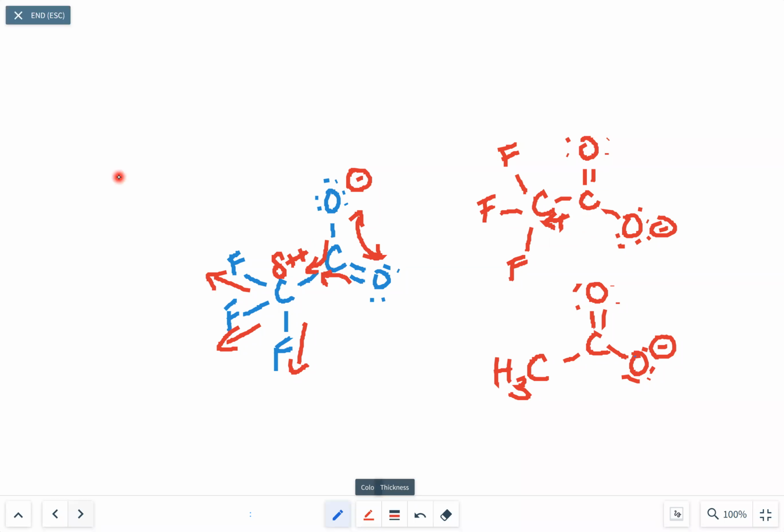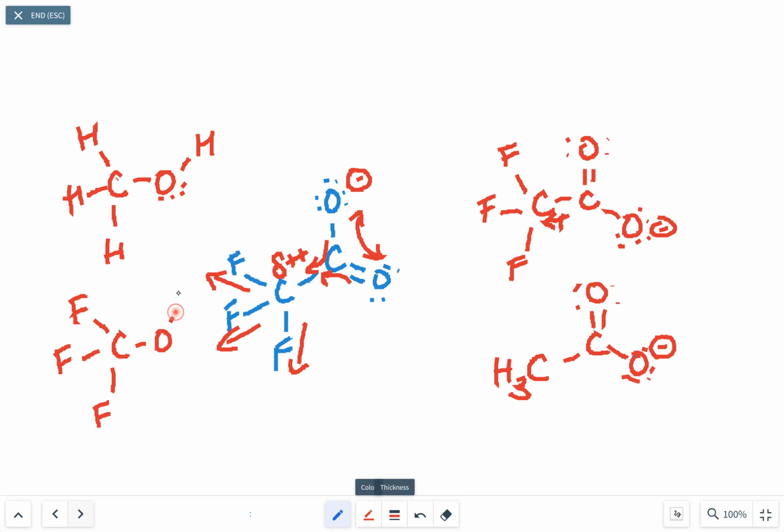So if you've got, say, methanol, and you're comparing the pKa of this to trifluoromethanol, I don't know what the pKa is exactly, but you can think of it 2 ways. You can think of it from the stability of the conjugate base.